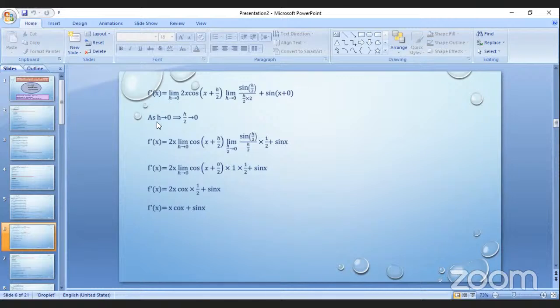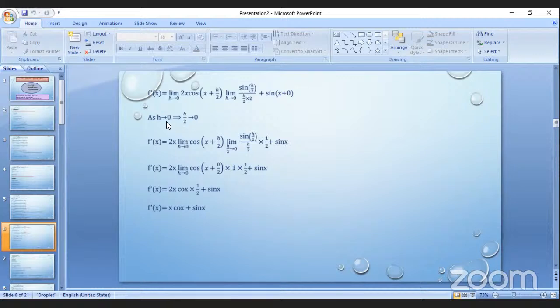As h tends to 0, that implies h by 2 tends to 0. Multiply with 1 by 2 on both sides: h into 1 by 2, h by 2 tends to 0 into 1 by 2, which is 0.